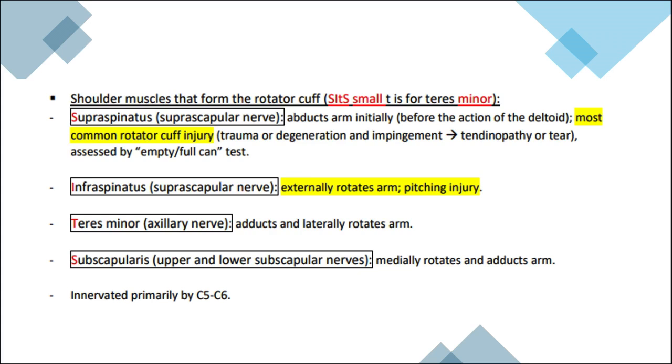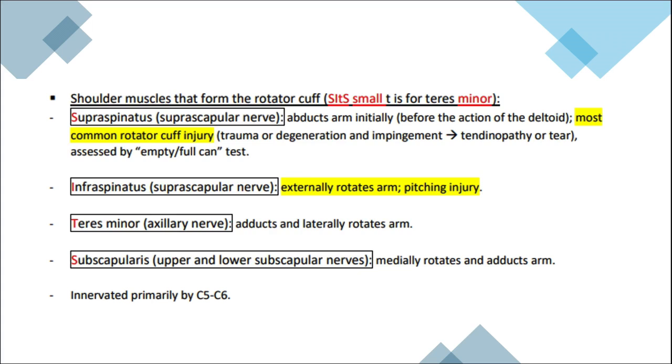Just see this presentation. Shoulder muscles that form the rotatory cuff, like SITS: Supraspinatus, Infraspinatus, Teres minor and Subscapularis. Okay, T is for teres minor. Supraspinatus is innervated by the suprascapular nerve. It abducts the arm initially before the action of the deltoid. That means it will come like 0 to 15 degrees.